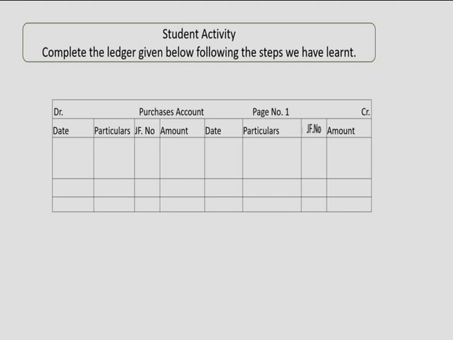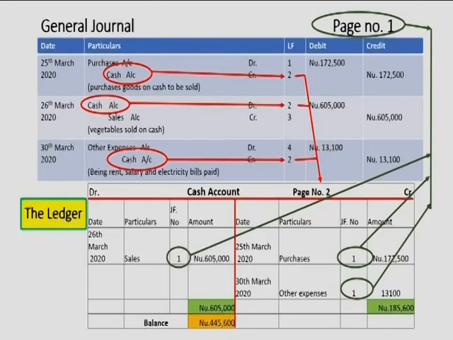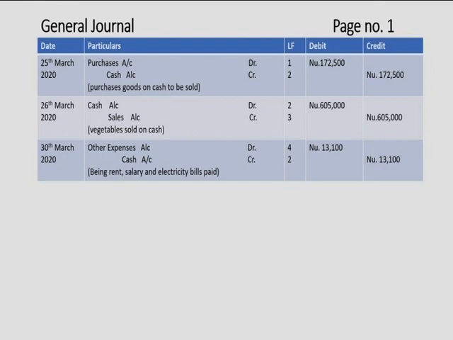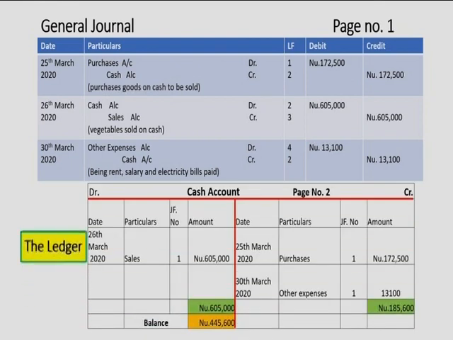Come on, try yourself once. You can use this journal entry here. You can use this journal entry, purchases account debit to cash, and then only one purchase account is here. So this purchase account has to be recorded now in the ledger account here.